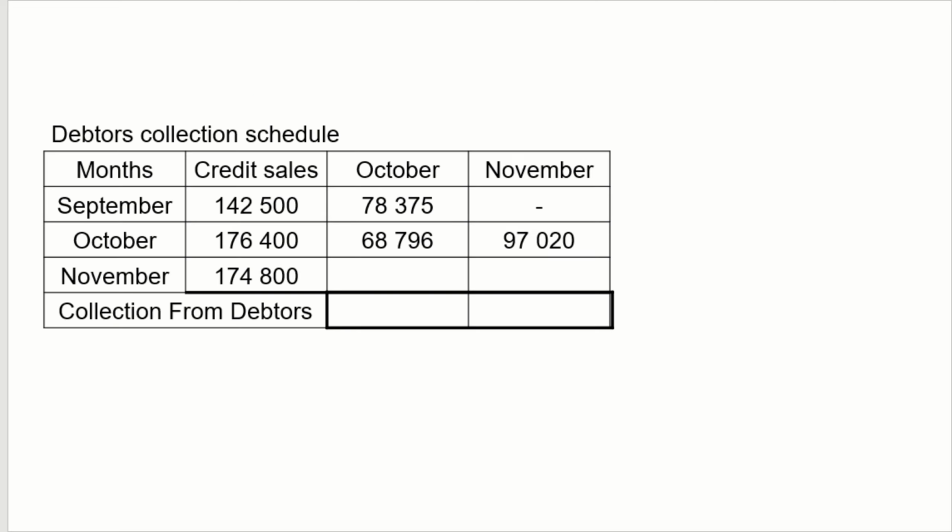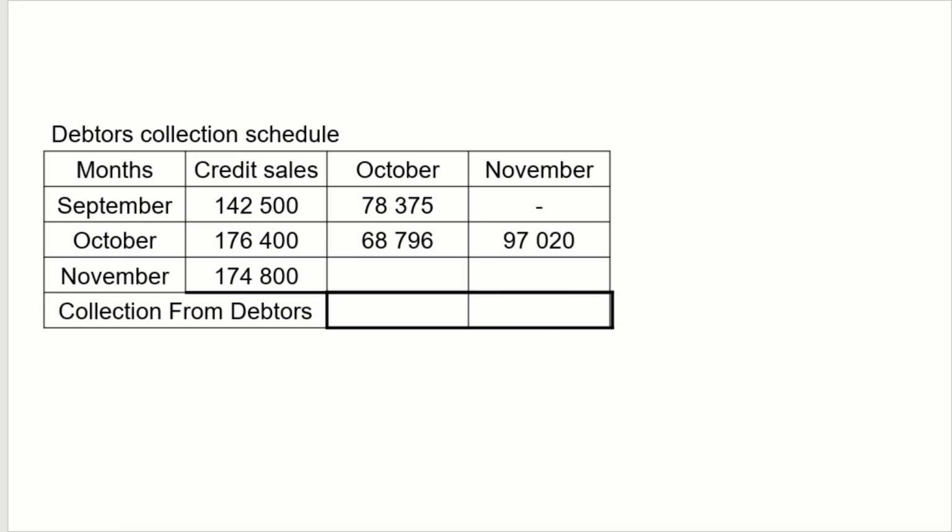So from this point, what do we then do? We're gonna go to our answer sheet to compare the months of collection with our branches. Okay, so we are collecting for October and also November, but our stem and branch says that we are collecting the credit sales of November in the month of November and December.